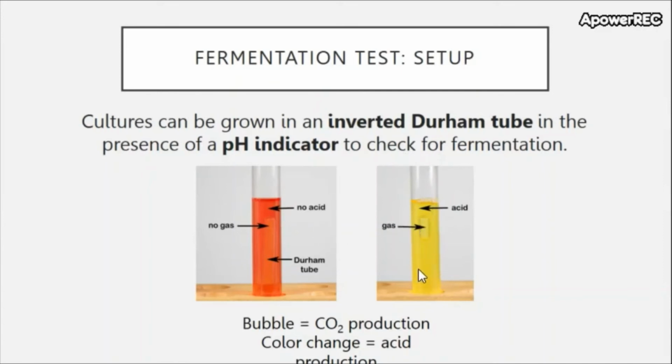However, since you put this inverted tube here, you have a way to capture some of that gas. Some of that gas will rise up and hit the top of this inner tube and get stuck, and it will show up as a gas bubble. If you have a gas bubble, that's indicative of CO2 production.